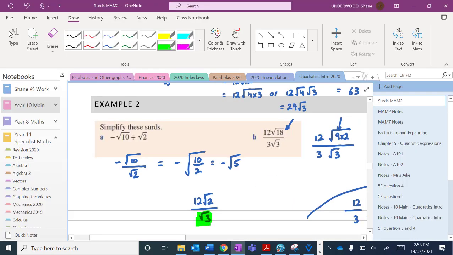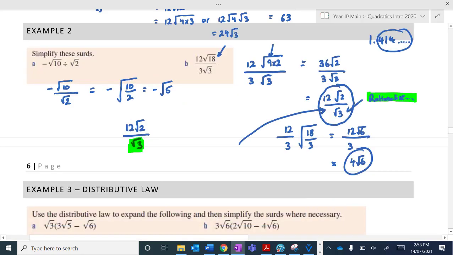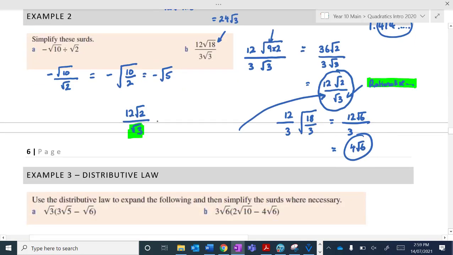So what do you think we could do to root 3 to make that a whole number? What could I multiply it by? Root 3. And if I multiply the bottom by root 3, what do we have to do to the top? We're going to have to do the same thing, otherwise we've created imbalance.